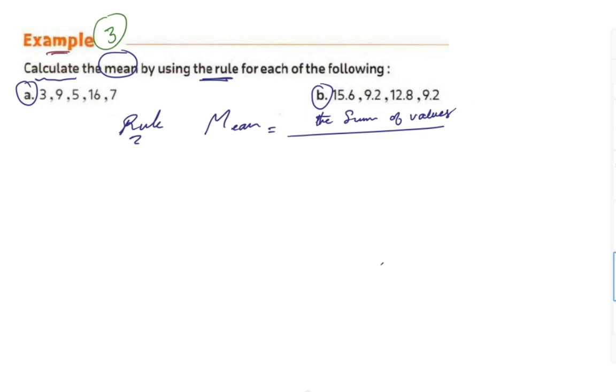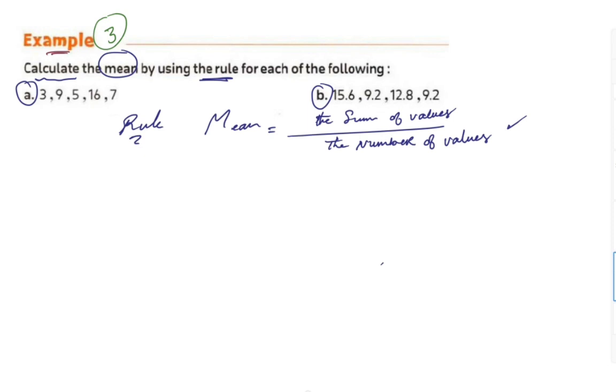Just add them together, okay? And divide them by the number of them, the number of values. That's easy? Yes. First, add all the values, then divide them by the number of all values.